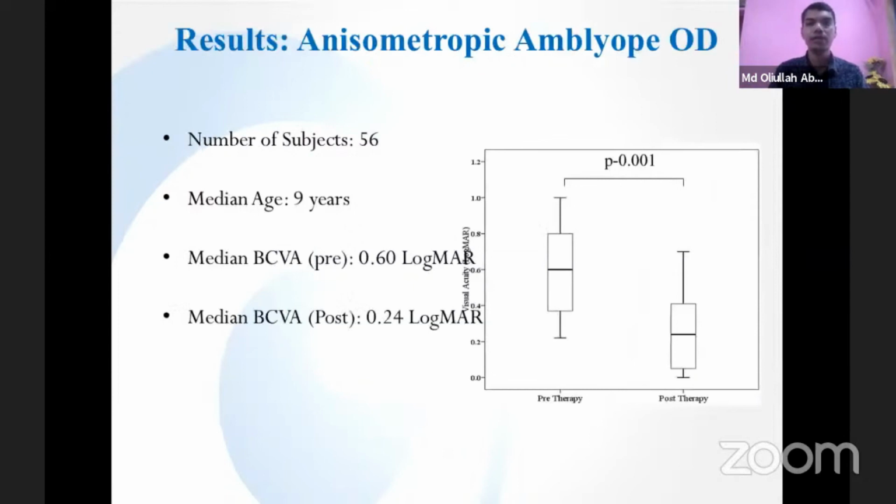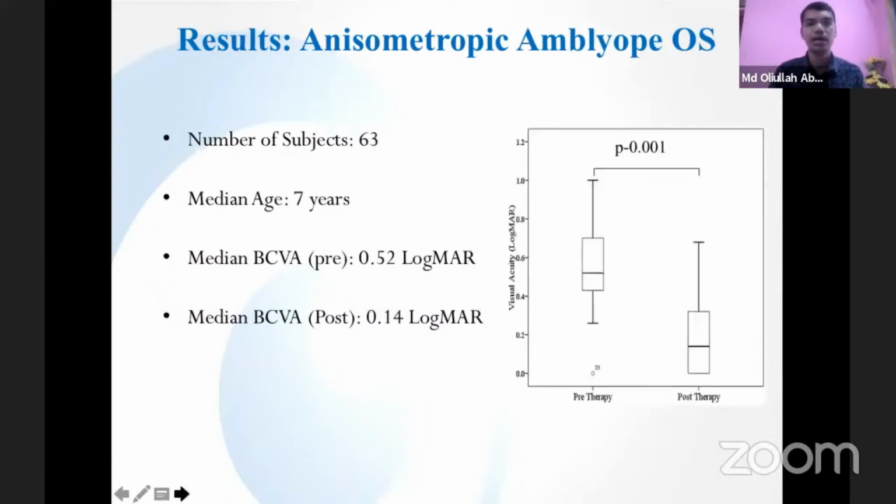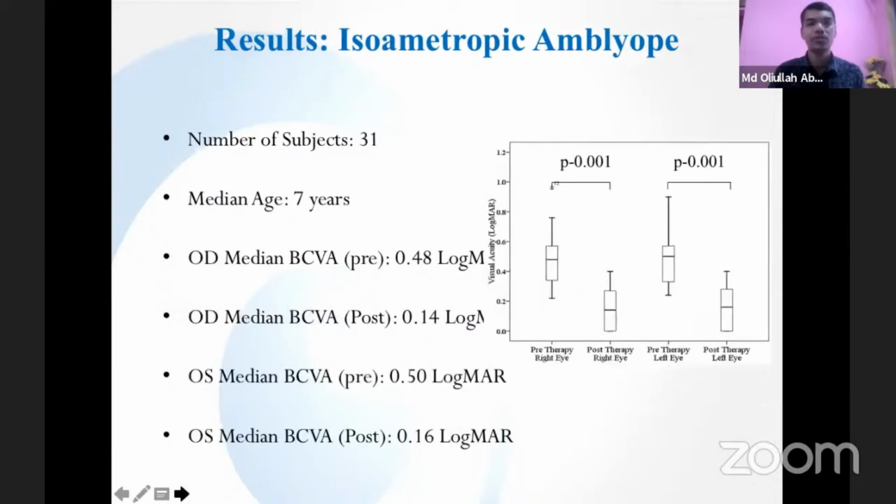This is the kind of improvement you see at the end of just 20 sessions, which is a 4-week span. You see almost 4 lines of improvement in the right eye, similar improvement in the left eye as well, and in the isometropic group also a similar kind of improvement. So there is no special or different outcome for the different eye groups.